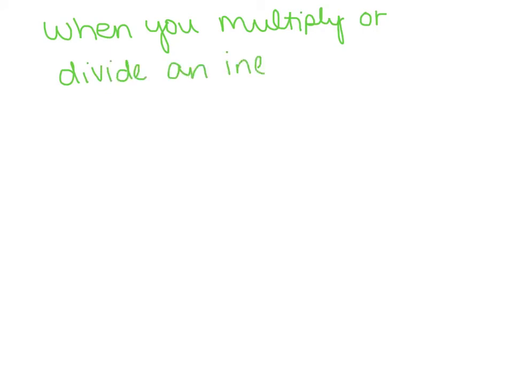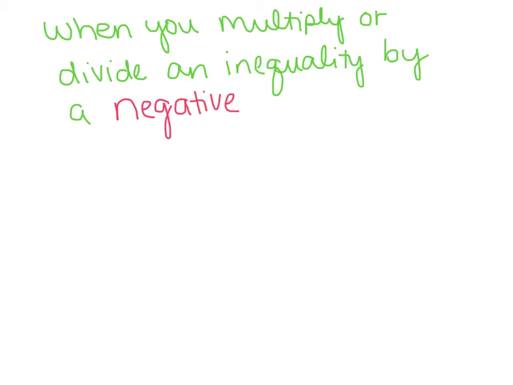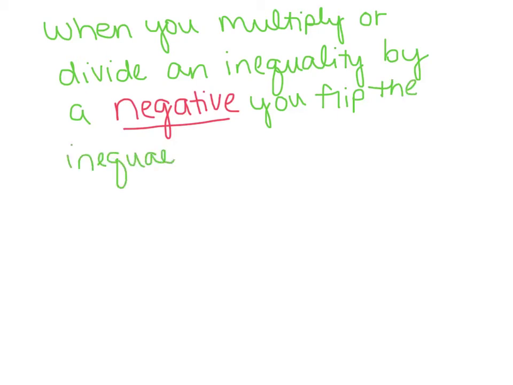When you multiply or divide an inequality by a negative, you flip the inequality, which really means it changes direction. Okay, so you flip the inequality.